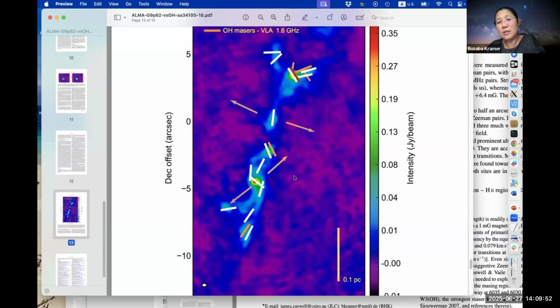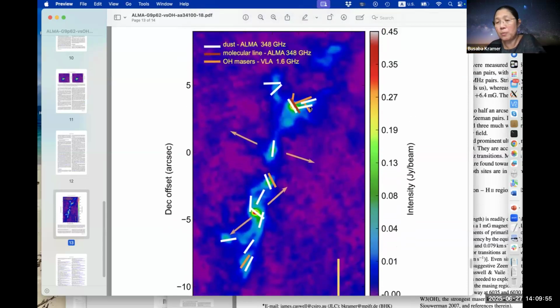However, with this source, it's evident that somehow the polarization of the OH maser is preserved, because it agrees very well. Of course, in some cases it does not agree, but in most cases it agrees very well with the dust polarization. So I think this is very good news that brings full polarization observation back to OH maser again, and can really help study the Zeeman pair.